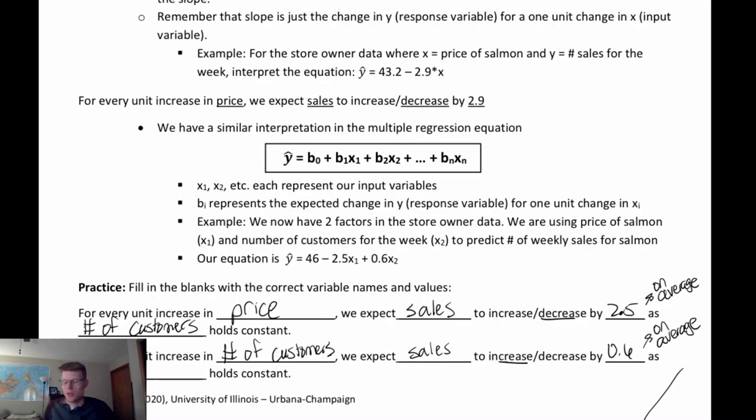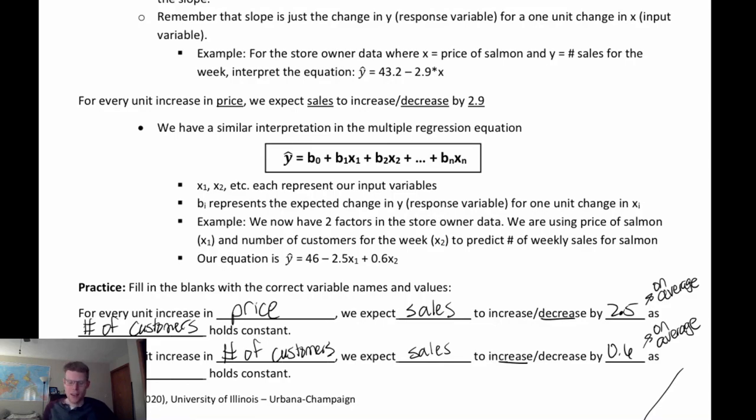So if I'm looking at 2 weeks of data where the price was the same, but I had one more customer than I did before, I expect to see 0.6 more sales on average per additional customer in the store for that week, which sounds pretty good. So maybe salmon's a pretty hot ticket that a lot of people buy because that seems pretty high. But yeah, that's how we would interpret that coefficient.